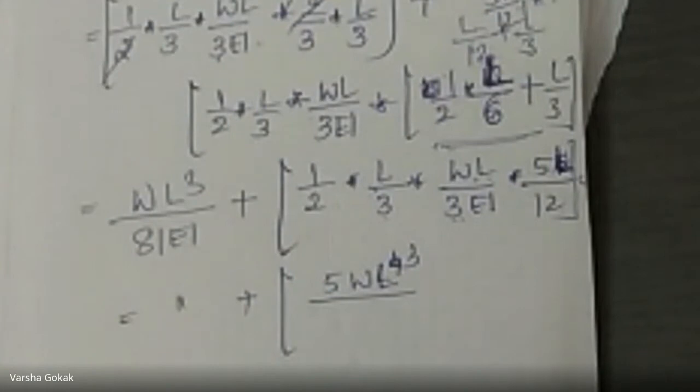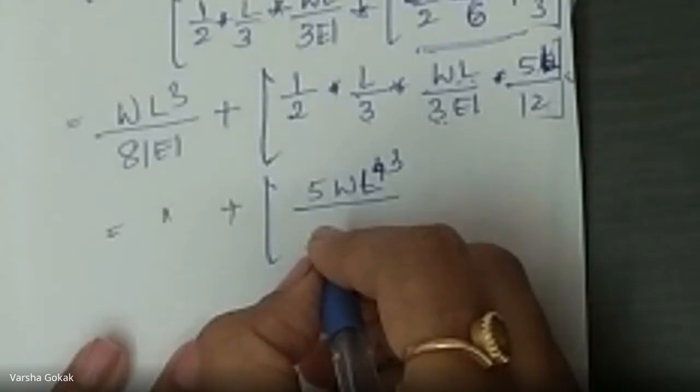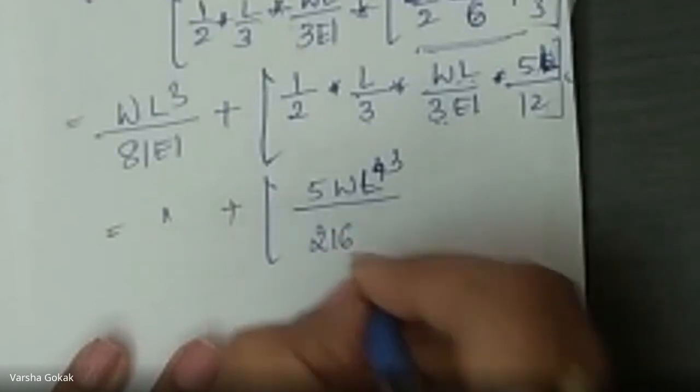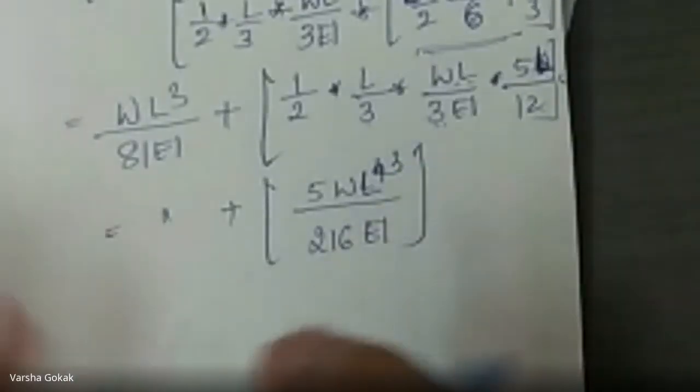How much? 12 into 3 into 3 is 216. 216 times of EI.